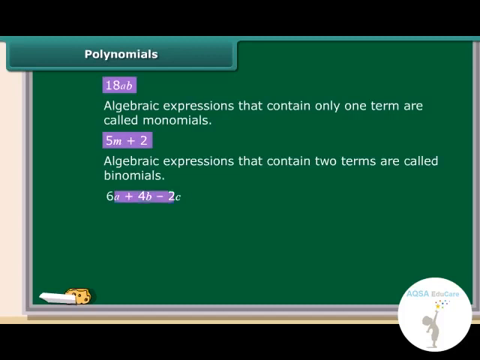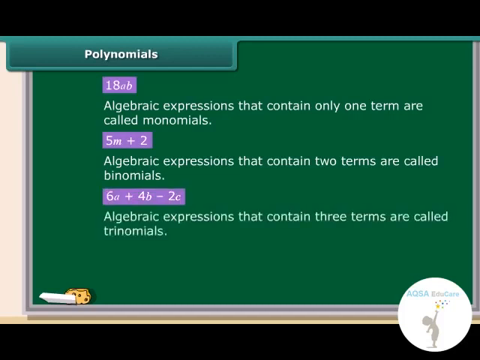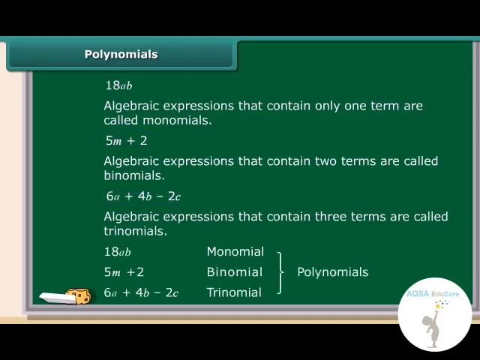The expression 6a plus 4b minus 2c is not a binomial because it has three terms, right? So this type of algebraic expression is called a trinomial. Remember, all algebraic expressions that have one or more than one terms are called polynomials. Therefore, monomials, binomials and trinomials are all polynomials.